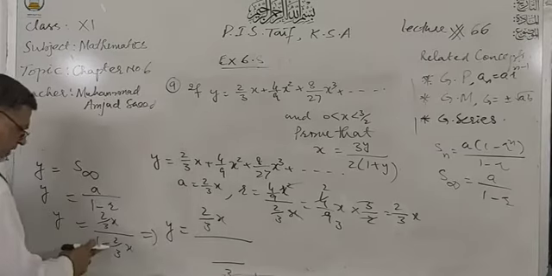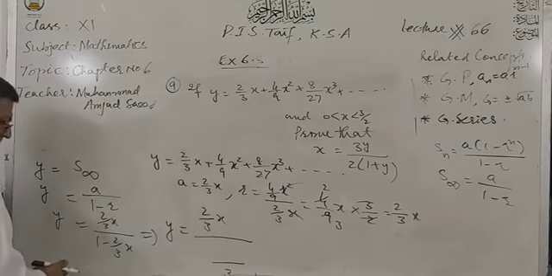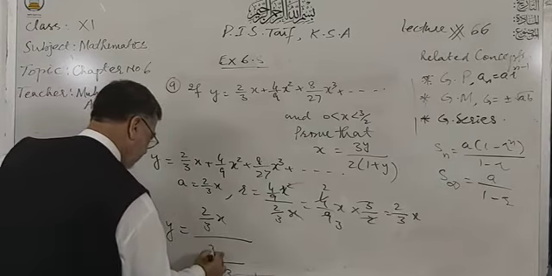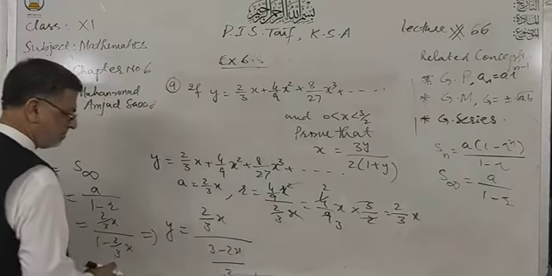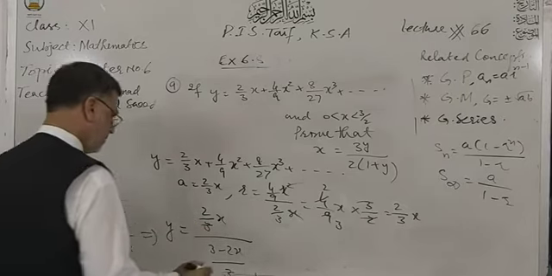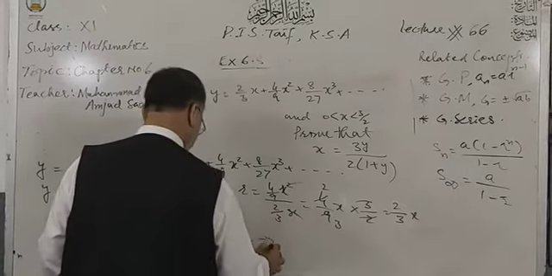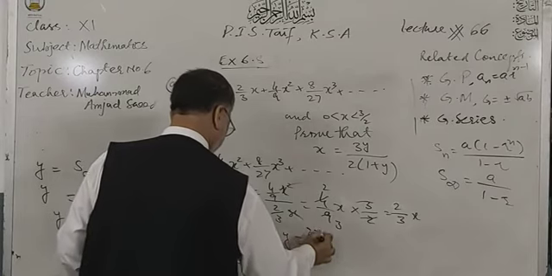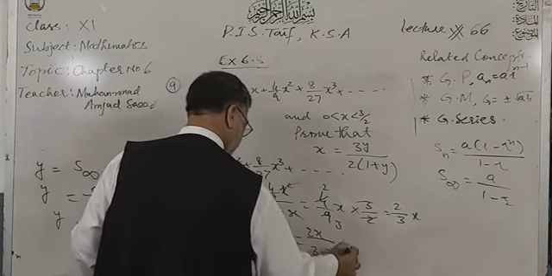Now taking 3 as LCM in the denominator, that is 3 minus 2x. Dear students, 3 cancelled out. So we are left with y is equal to 2x over 3 minus 2x.